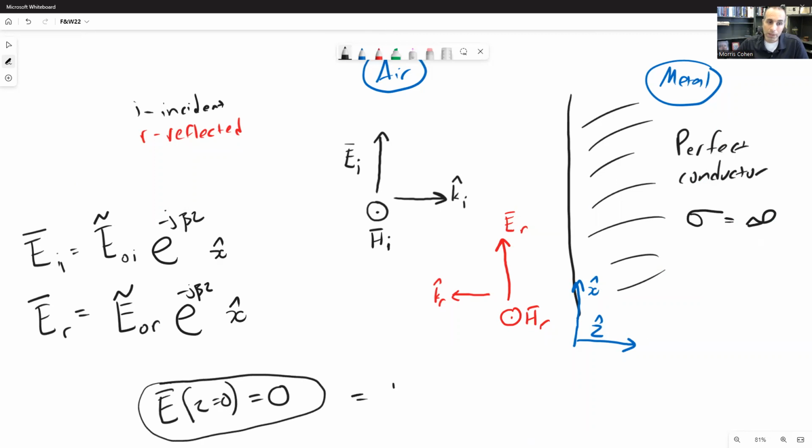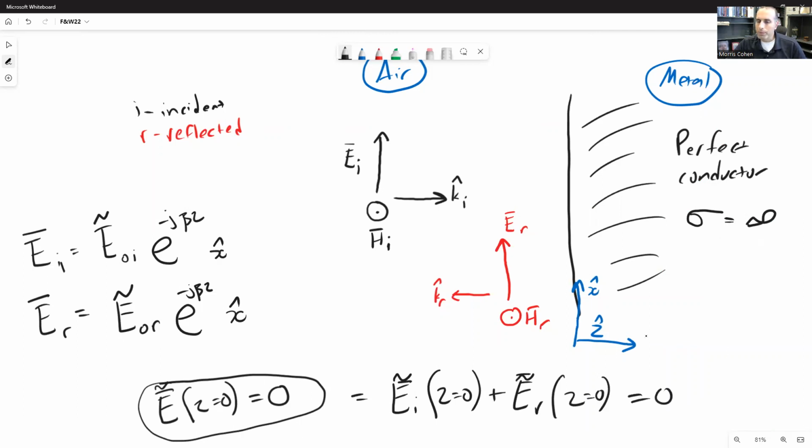So what that means is that the electric field of the incident wave at z equals 0 as a vector, plus the electric field of the reflected wave at z equals 0, must add up to be 0.